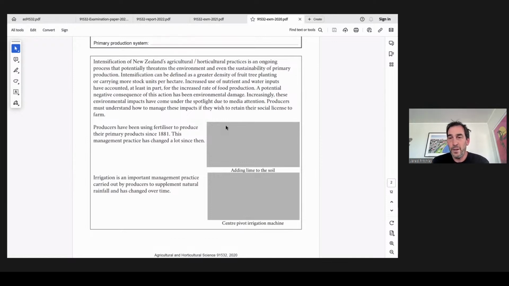You would have sat in class for 10 weeks learning about this topic, and hopefully you've got some of your own figures around how much of the greenhouse gases on your sheep and beef farm are nitrous oxide, how much are methane, how much are CO2. Why do we care so much about methane compared to perhaps CO2? Those are the conversations, the things that you've learned about in class, not just pulling it from this.